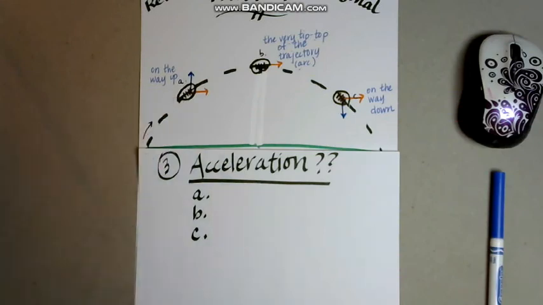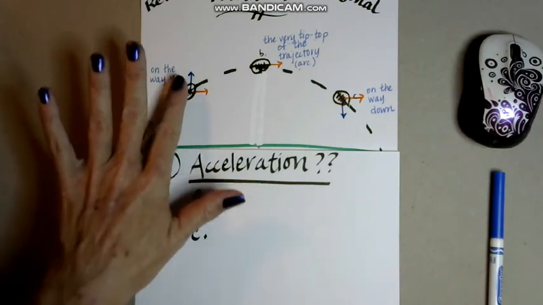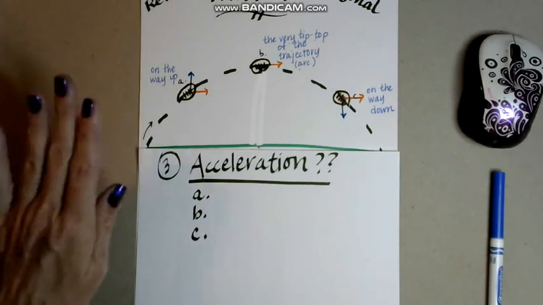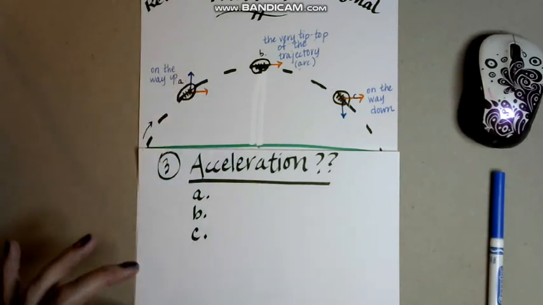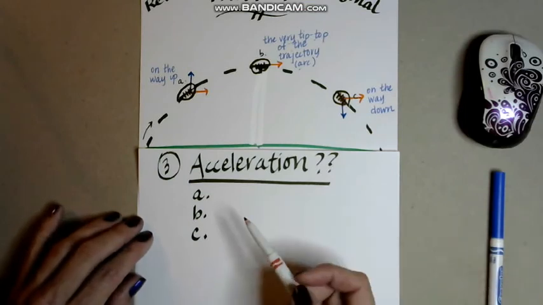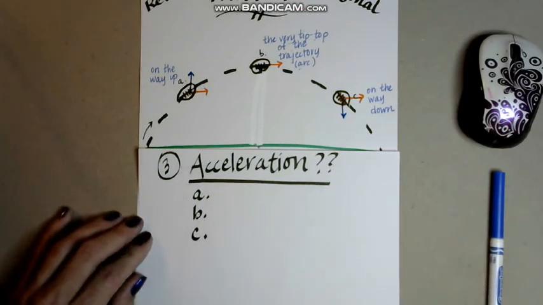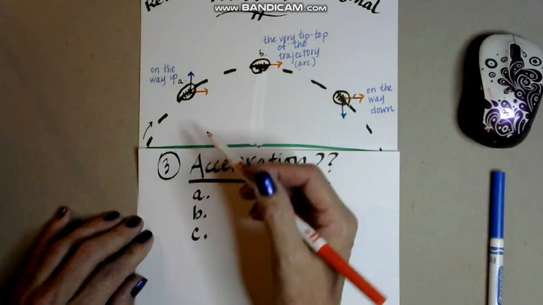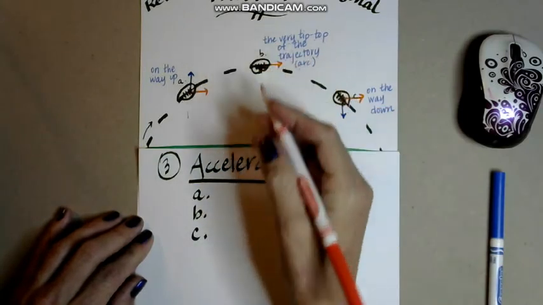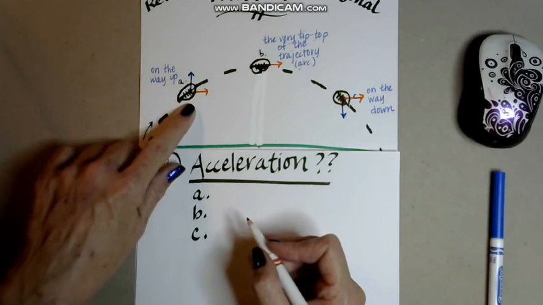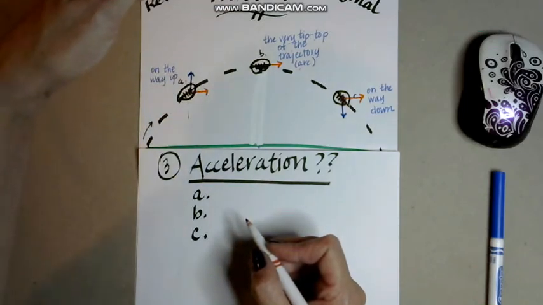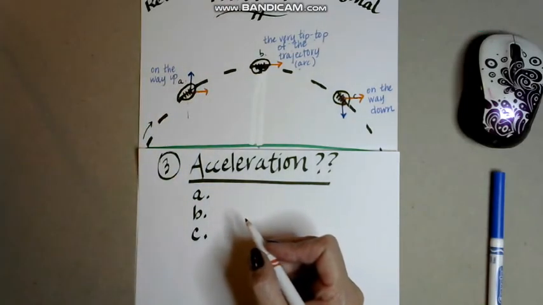Is anything touching that football? After it's been kicked, it's off your foot. There's absolutely nothing touching that football, but there is a force. And that force is gravity. Does your football float away into outer space forever like a helium balloon? No, it doesn't.